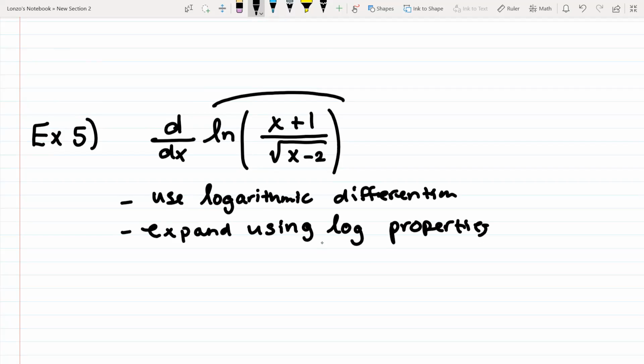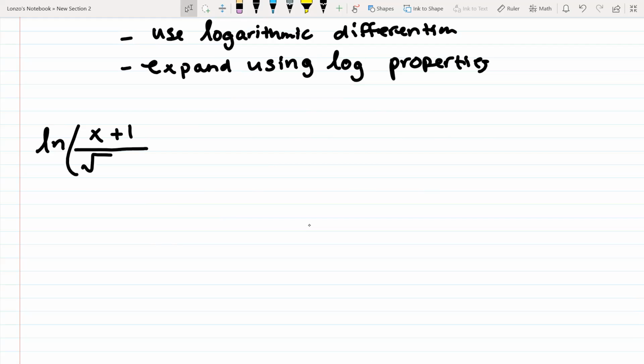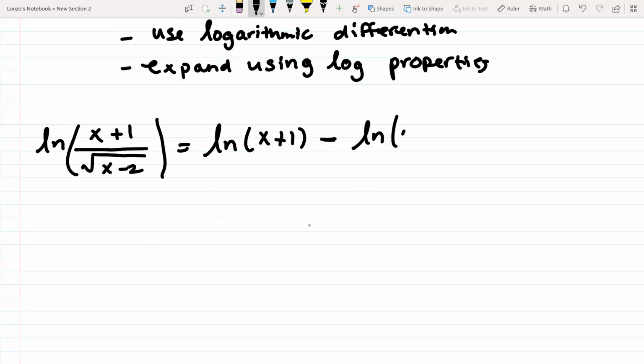Okay, so you could say that ln of x plus 1 over square root of x minus 2 is equal to ln. Okay, so we are dividing. When you're expanding, when you're dividing, you're really subtracting. So this could be expressed as ln of x plus 1 minus ln of square root of x minus 2.